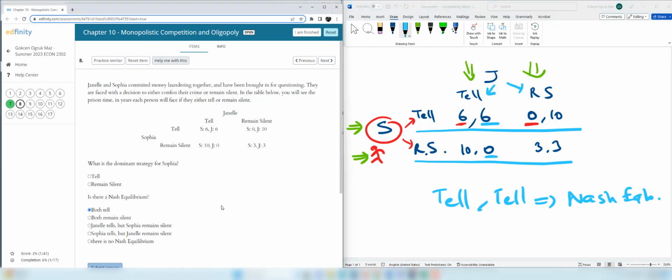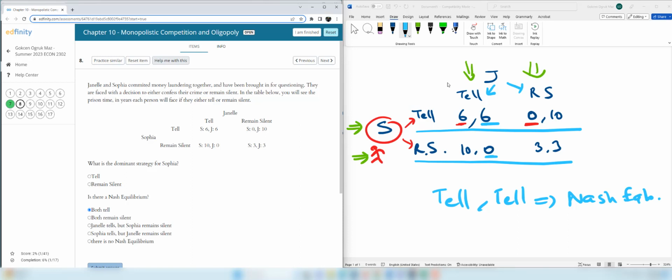And now the next thing is we need to find the dominant strategy. For a dominant strategy, I need to find out that whatever the other player plays, any strategy, myself plays always the same strategy. Then that's called a dominant strategy. So let's find out if there is a dominant strategy for Sophia.